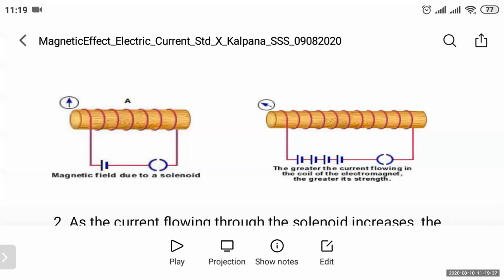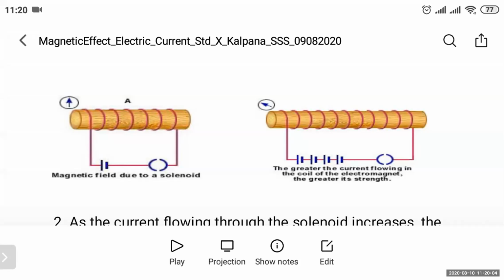One open end of the solenoid acts as a north pole, and the other end acts as a south pole. The magnetic lines of force inside the solenoid are parallel to each other. This is the important point.